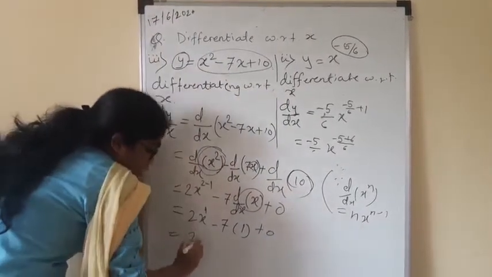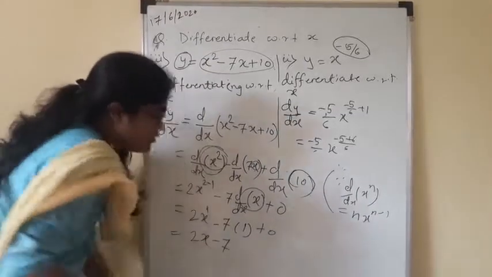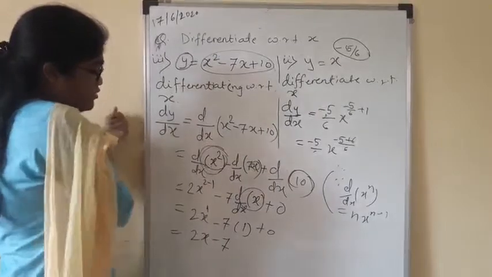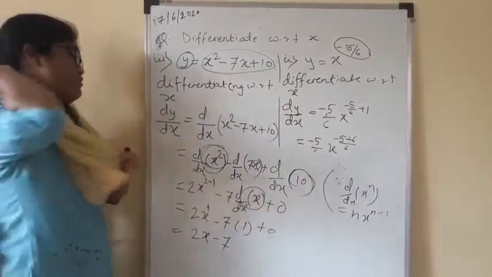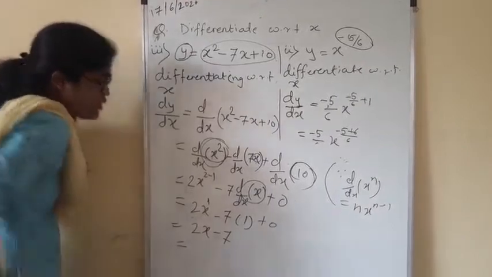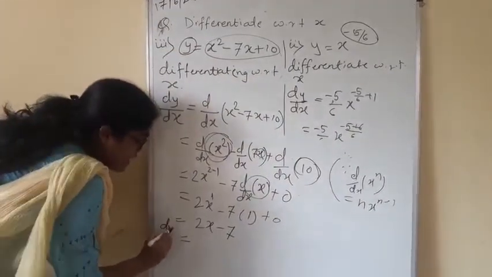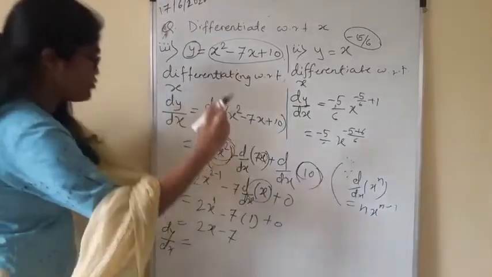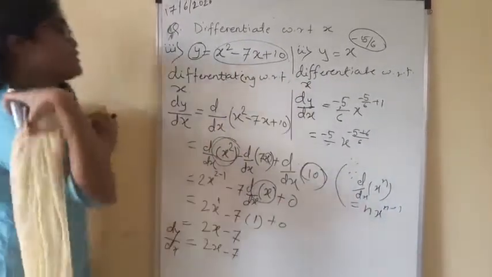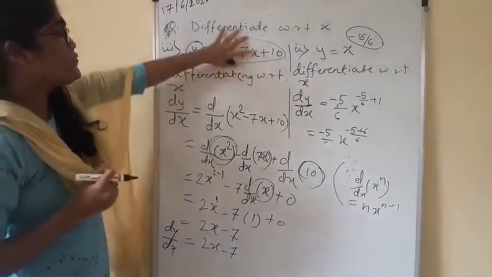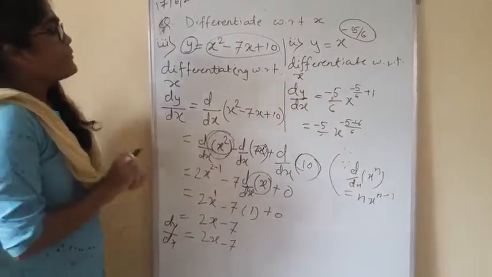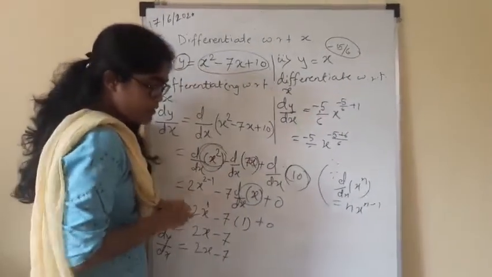So 2x minus 7 plus this 0, after adding 0 it will be 2x minus 7 only. So dy by dx is equal to 2x minus 7 is the answer. So the derivative of this function is 2x minus 7. Okay. Next example.